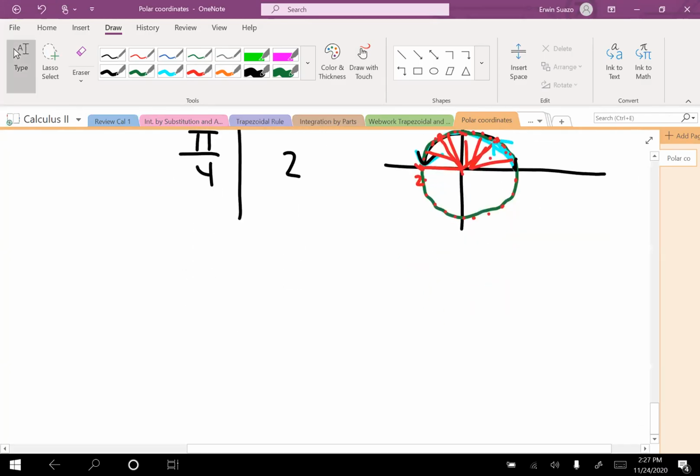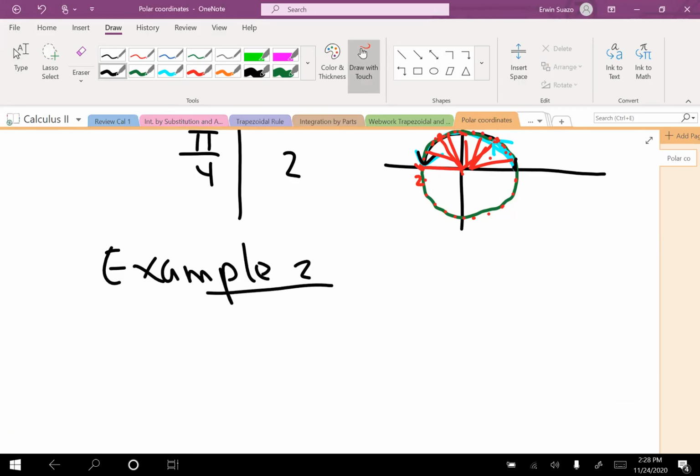Okay, so another example. Example 2: theta equals 1.